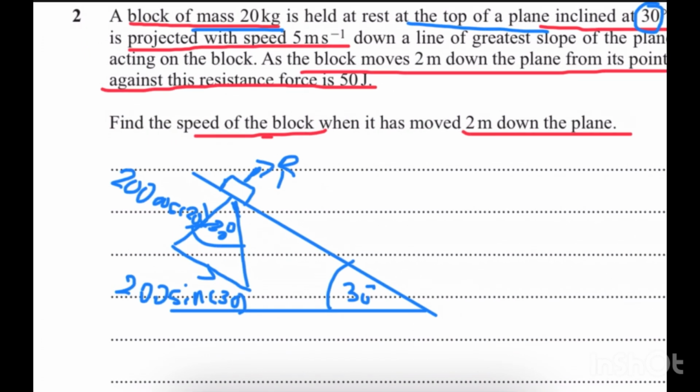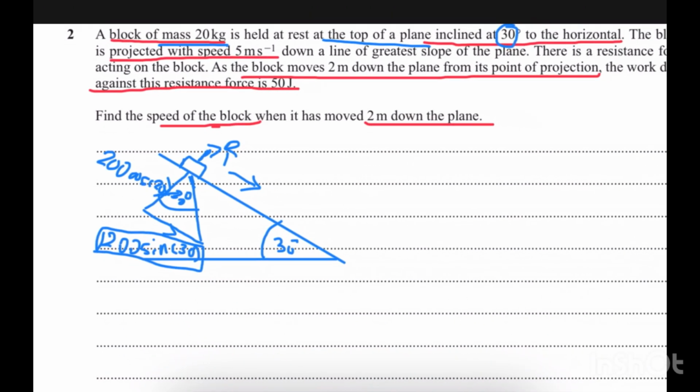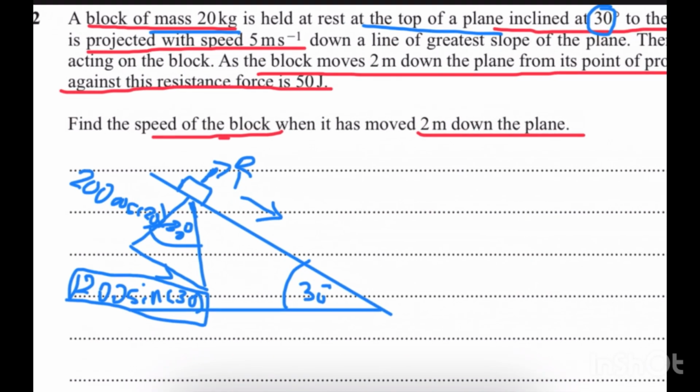That means the object is moving down the plane due to this rightward component of the weight that is pulling it downwards. They've also mentioned that there is a resistive force, which in this question will be the friction. Since the movement of the particle is downwards and friction always acts opposite to the movement, the friction will be acting upwards this way.